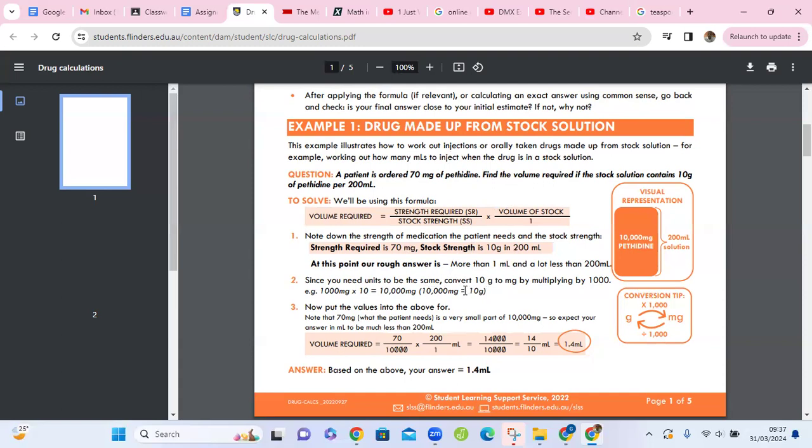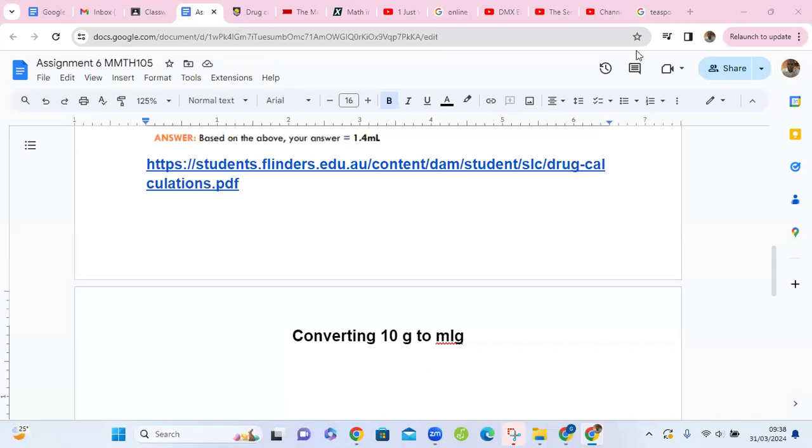Converting grams to milligrams, we can use the ratio steps. Converting 10 grams to milligrams: basically what you need to do is get your labeling ratio, which is grams to milligrams, grams in lowercase g.